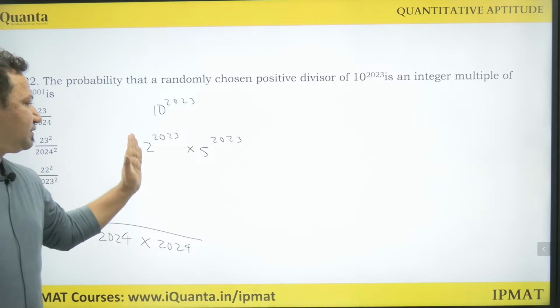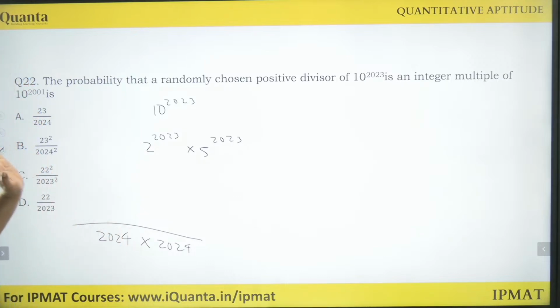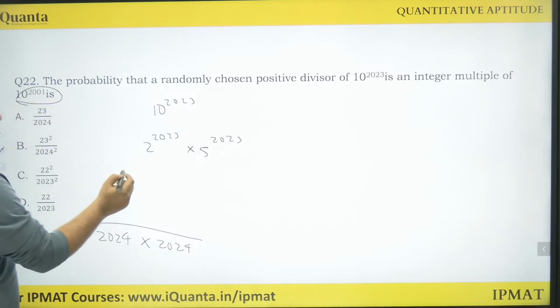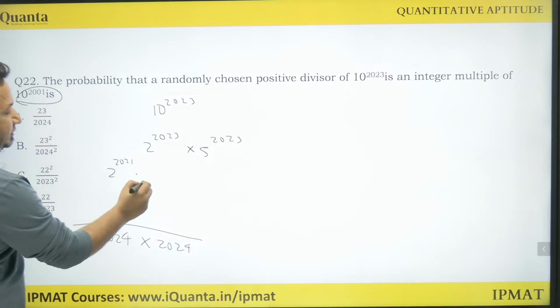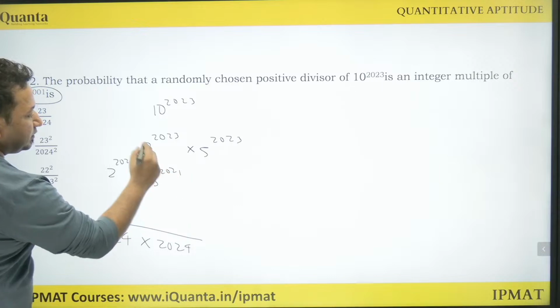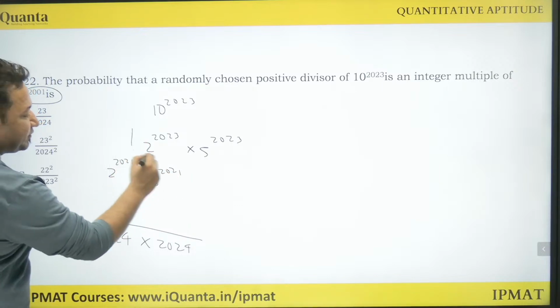2 to the power 0 up to 2 to the power 2023 gives us 2024 cases. Okay. These are the total cases. We need to find the probability. What will the favorable cases be? This must be a multiple of this. So I can just remove this from this one.